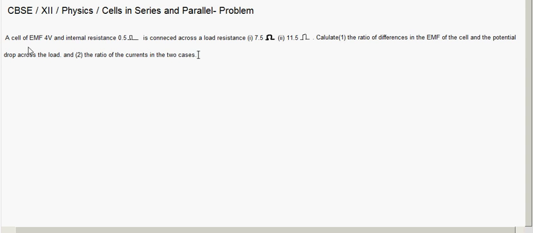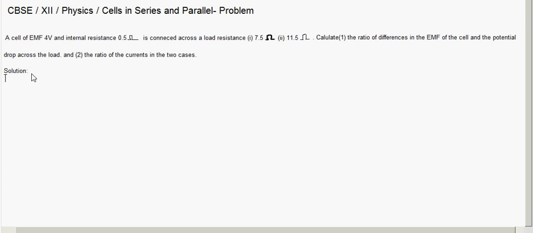First, let us read once again. A cell of EMF 4 volt and internal resistance 0.45 ohm is connected across a load resistance 7.5 ohm and 11.5 ohm. Calculate the ratio of differences in the EMF of the cell and the potential drop across the load, and the ratio of the currents in the two cases.